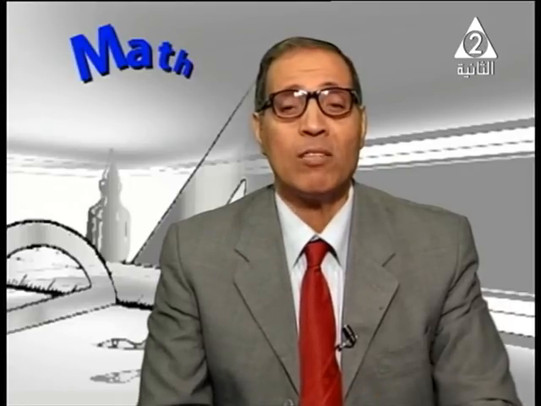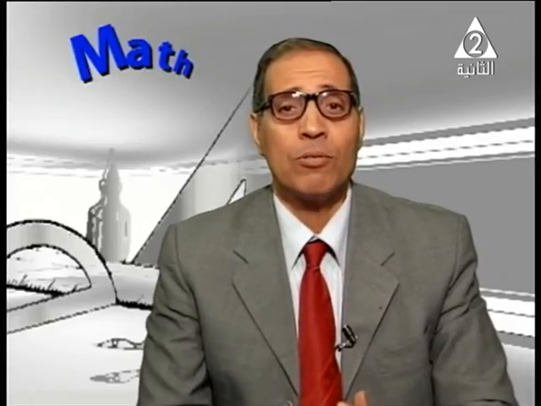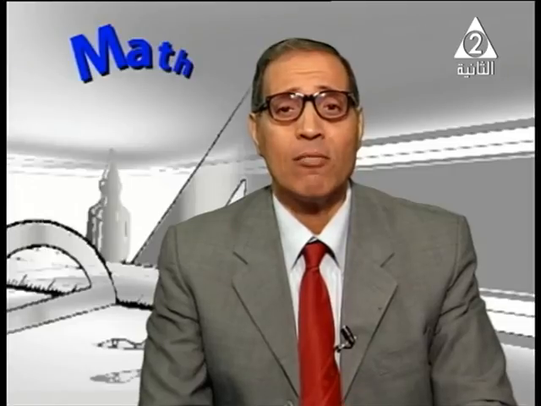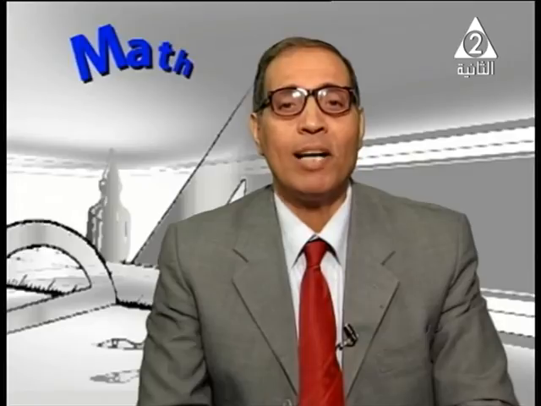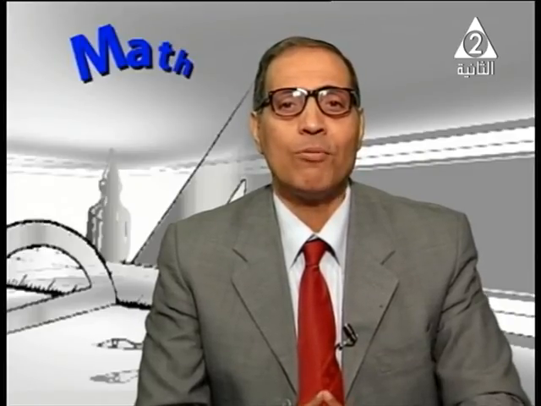Remember, dear student, omega plus omega square plus 1 equals what? Equals 0. Then remember, what is omega? It is one root of unity 1. What is i? i is square root of negative 1.